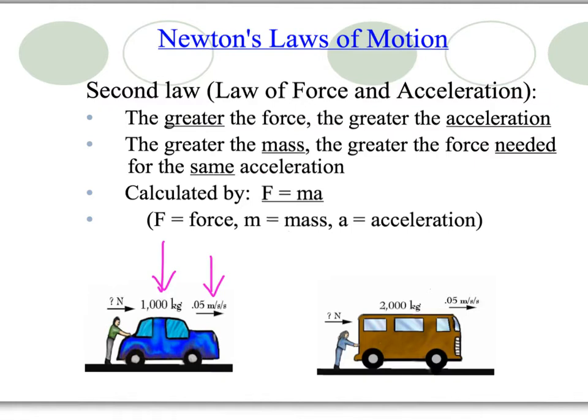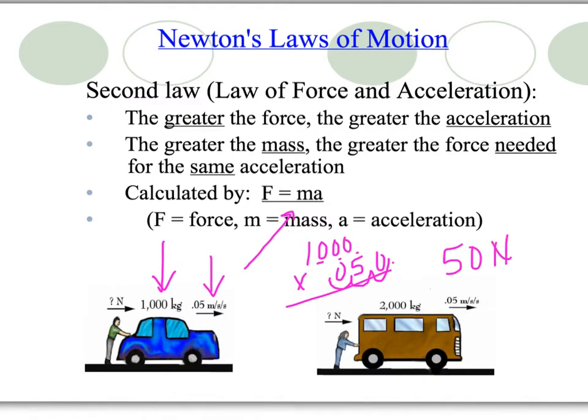In order to do that, using this formula, you multiply 1,000 times 0.05. That's very easy to do. You just move your decimal over the number of zeros to the right since we're multiplying: 1, 2, 3. So my answer would be 50 newtons of force to get this car to accelerate at 0.05 meters per second squared.